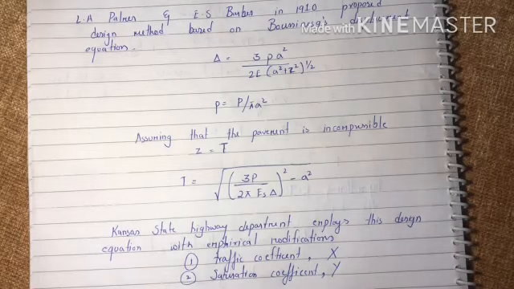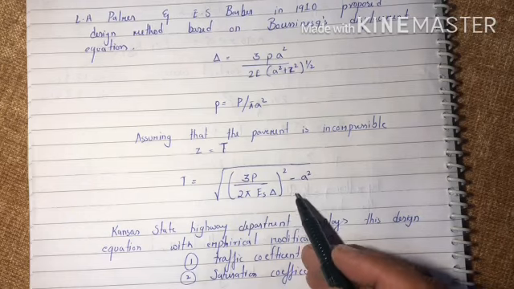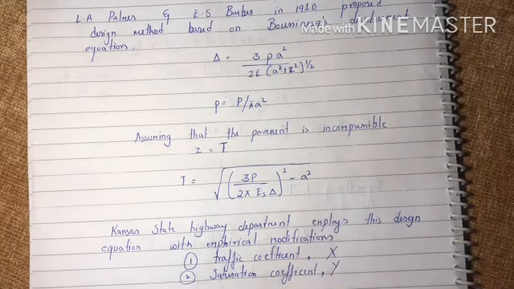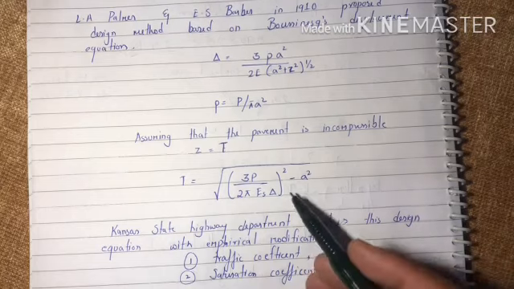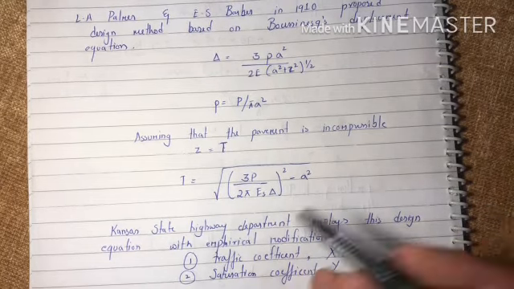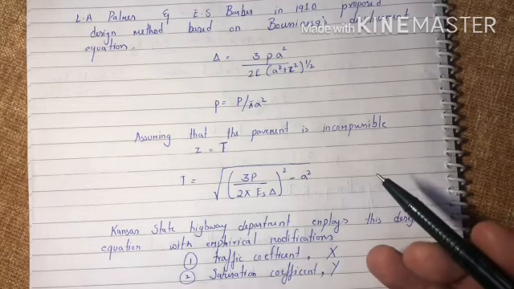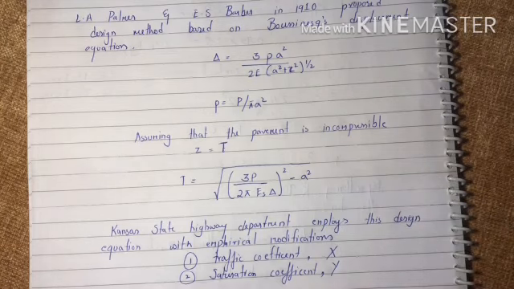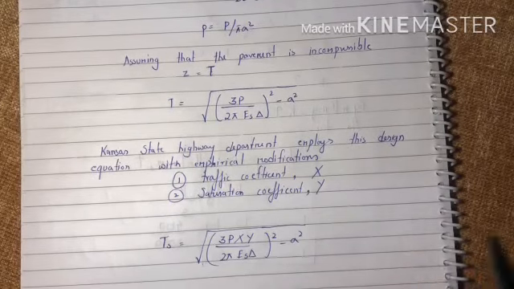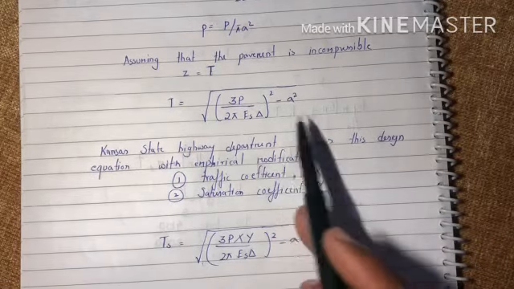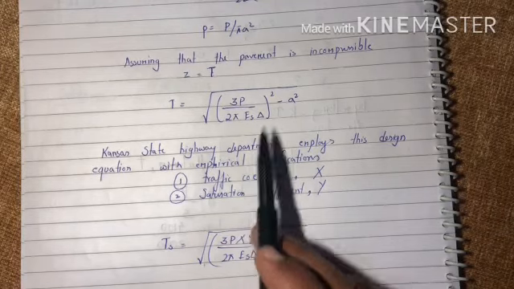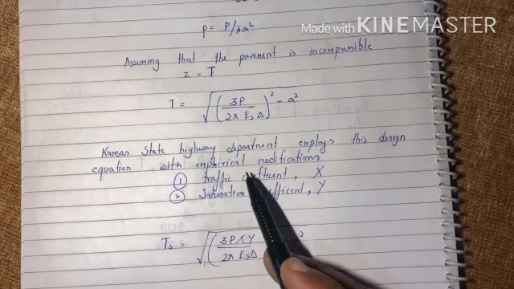Now, the Kansas State Highway Department modified this equation, taking some coefficients into picture. This was the theoretical equation, and they introduced some empirical modifications.